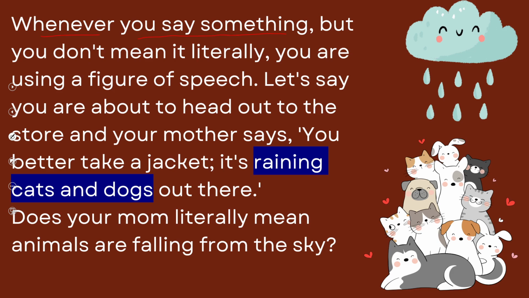Whenever you say something but you don't mean it literally as it is, you are using a figure of speech. Let's say you are about to head out to the store and your mother says, "You better take a jacket. It's raining cats and dogs out there."